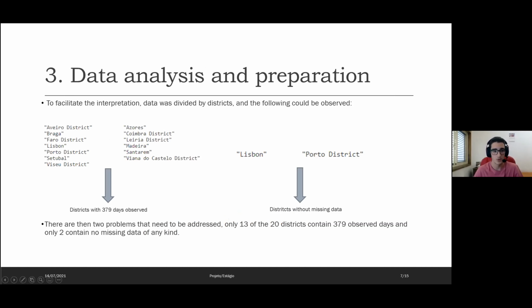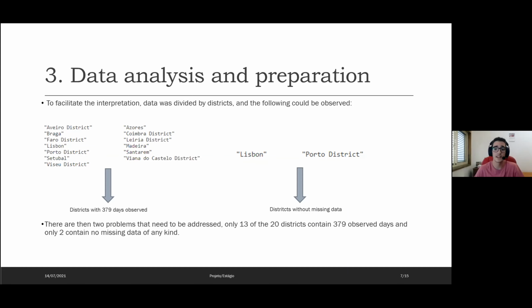Now, working with the data, to facilitate the interpretation, data was divided by districts. So 20 tables were created, 1 for each district and 1 for each autonomous region. Then it was analyzed whether the amount of days observed is 379 in each district, and it was found that no, there are some districts with fewer days observed. A little note here, 379 observed days are the days corresponding to the interval mentioned before.